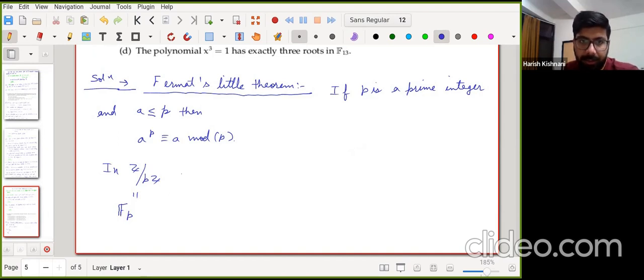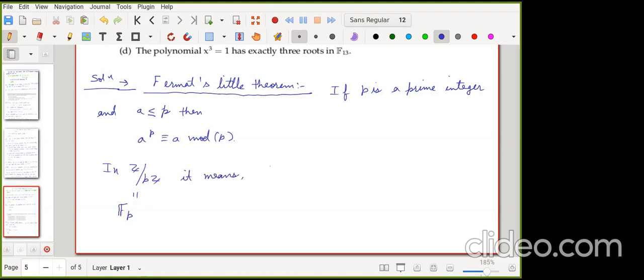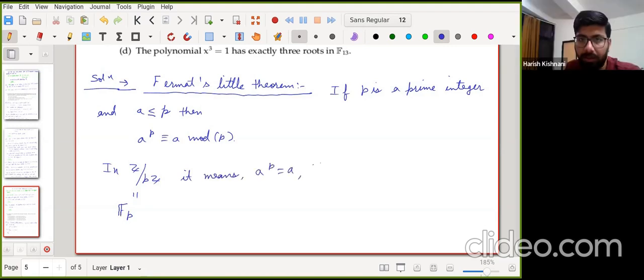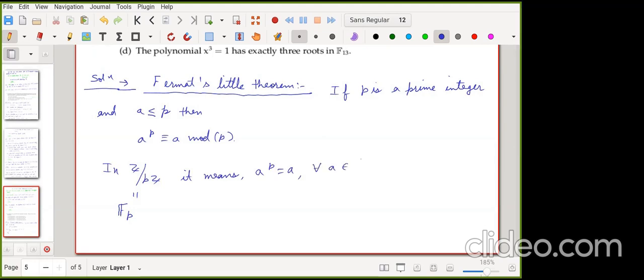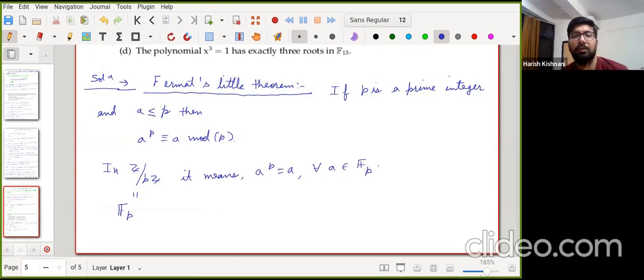So when you are in FP, what does this mean? It means A^P is equal to A for all A belonging to FP, because this modulo part is 0 there. So A^P minus A is equal to 0. That is, A^P is equal to A for all A in FP. And what does this imply?